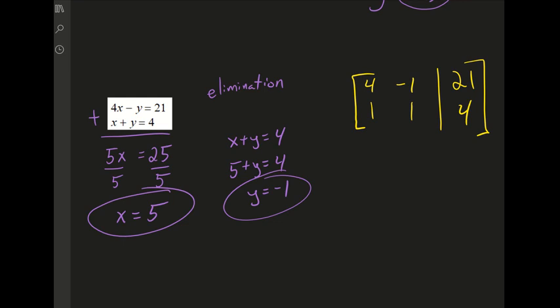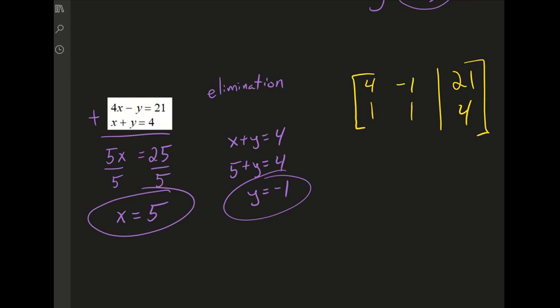So we've got our x and y coefficients as our left piece here. We have the line, and on the other side of our line is what each equation is equal to. Then we just solve this like we would our other reduced row problems.